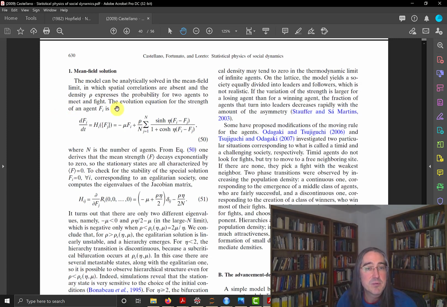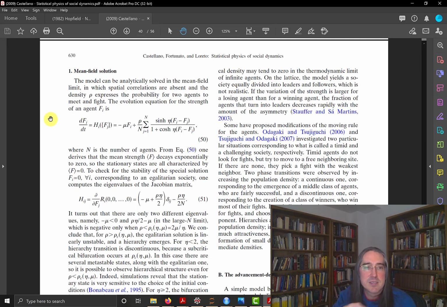But basically what comes out of this is you can write down a differential equation that says if I assume that any position on the lattice is sort of equally as good as any other, that's a mean field approximation, right? You could have one agent that's got strength 1,000,000 over here that's just beating everybody around in this corner of the lattice. This corner of the lattice doesn't know about it. So we're not taking that into account.